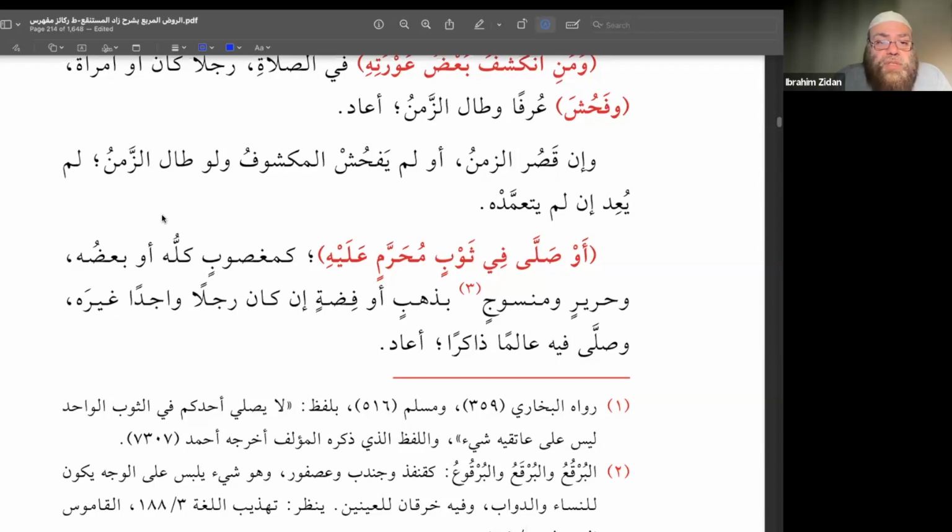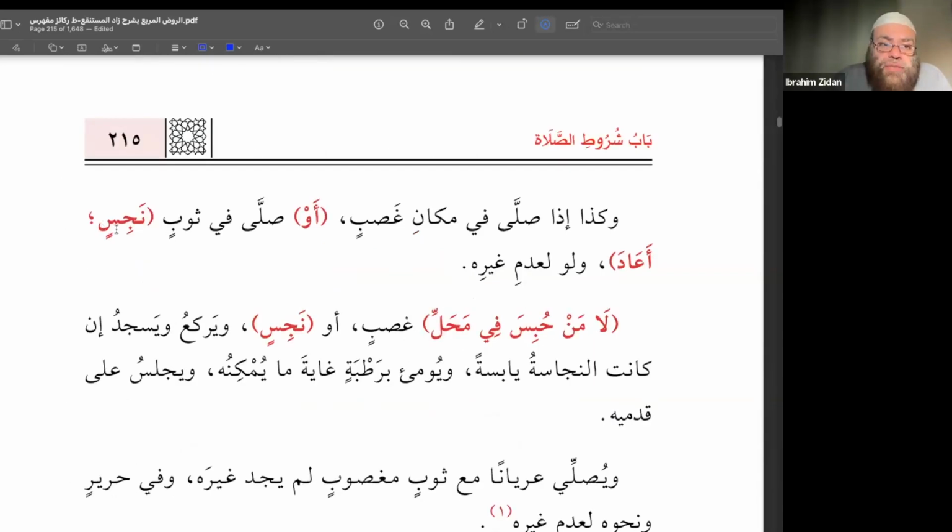But the white discharge is not najis. The white discharge is not najis. But the discharge itself, the actual coming out of anything as a rule, breaks the wudu. It's not necessarily that the content of it is najis.